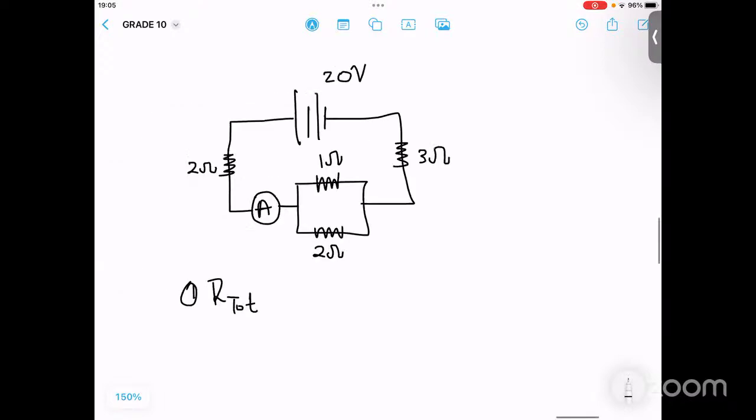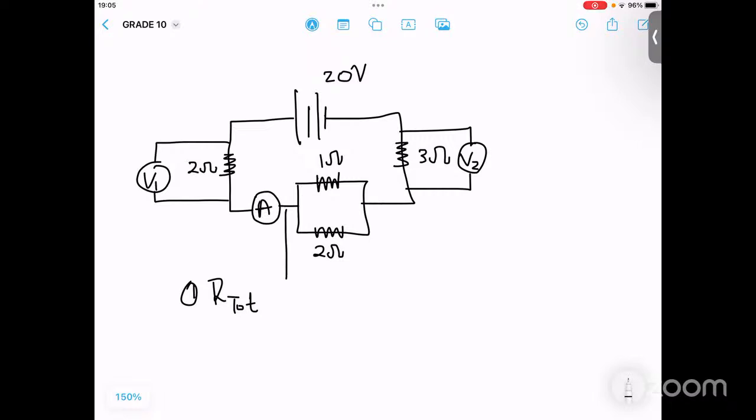The reason I took a pause is because I wanted to add something there and say, let's refer to that as V1. And then let's refer to that as V2. Yes, V2. Then I would like for us to refer to that as V3.